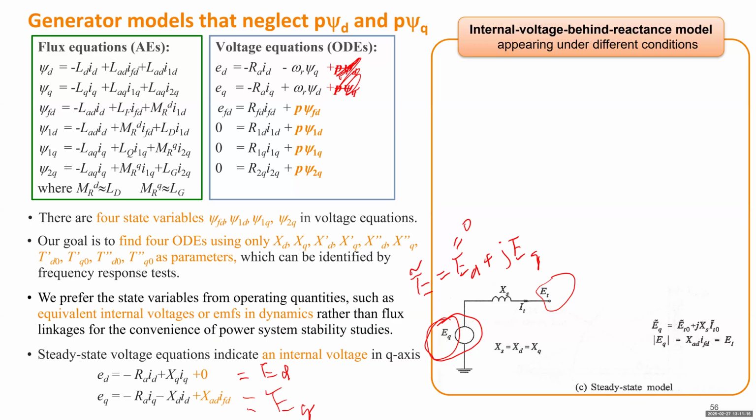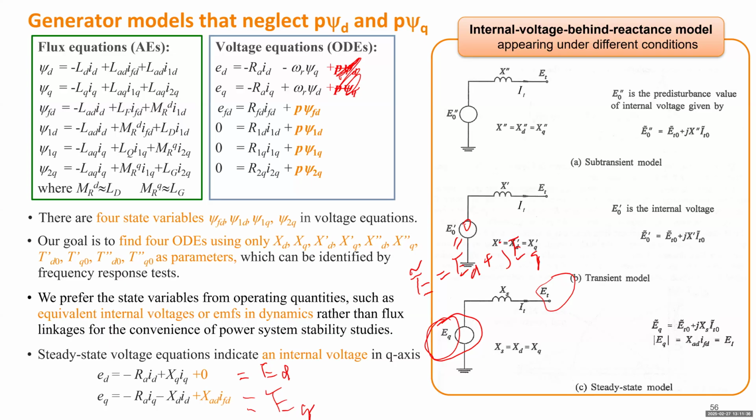So our goal is to find some internal voltage behind reactance model. It may not be the same as this model, but it has a similar structure, taking different E and different X depending on what time frame we are studying.